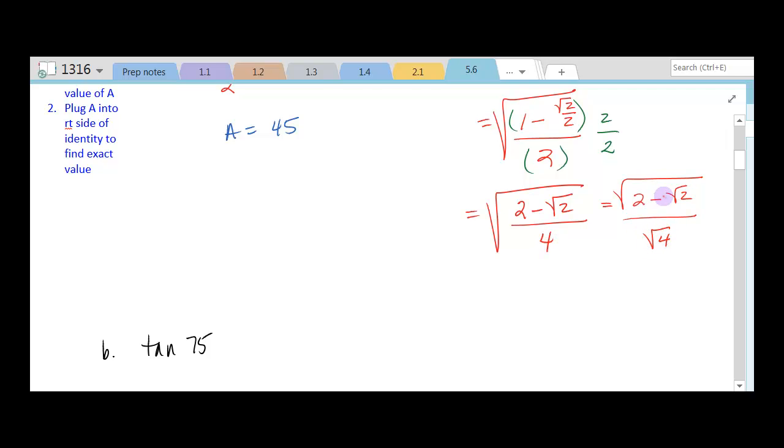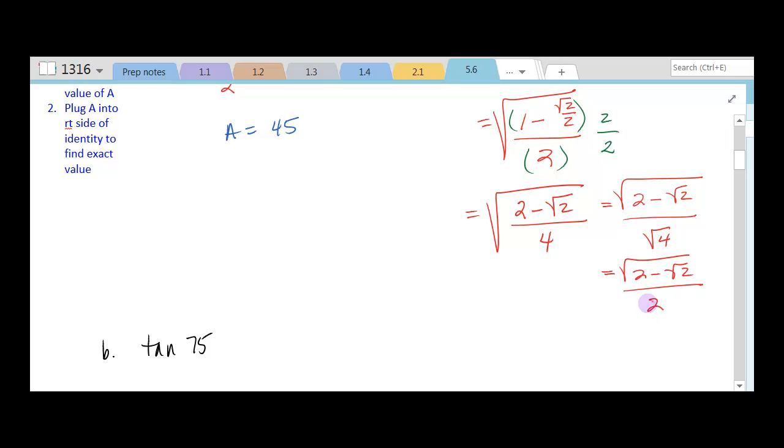Maybe you don't do this step, but technically, if we have a fraction under a single radical, I can rewrite it as the numerator under a radical divided by the denominator under a radical. The numerator has to stay; I can't do anything with it. It just becomes some kind of strange looking radical statement. But the denominator, when I take the square root of 4, just becomes 2.